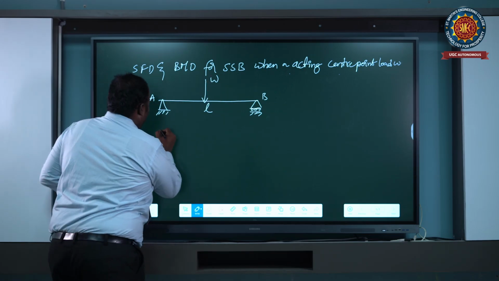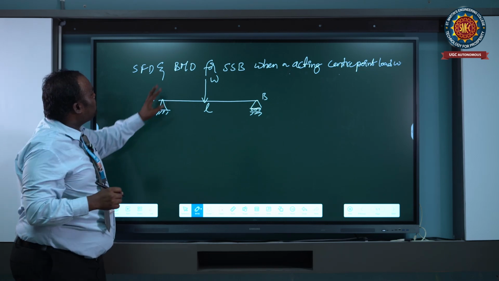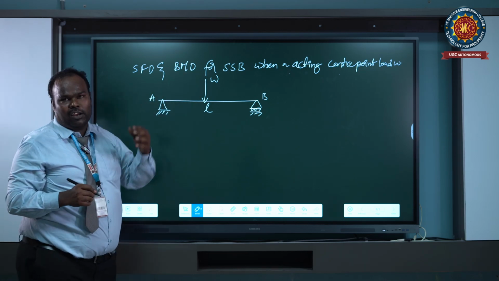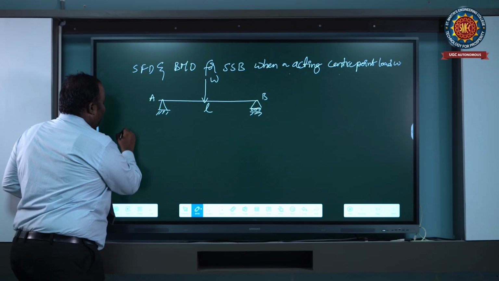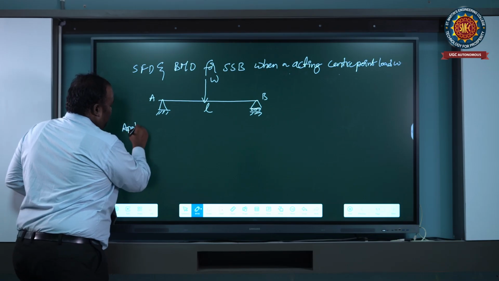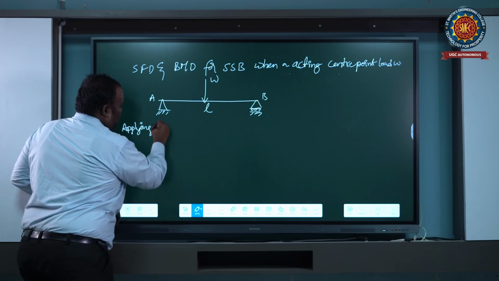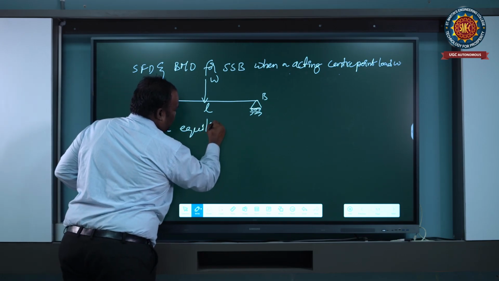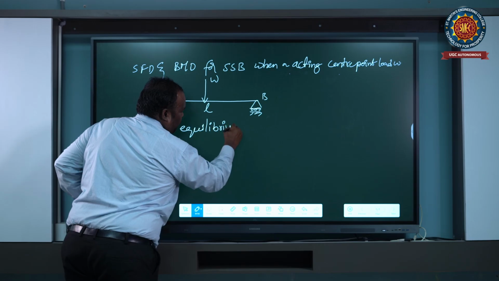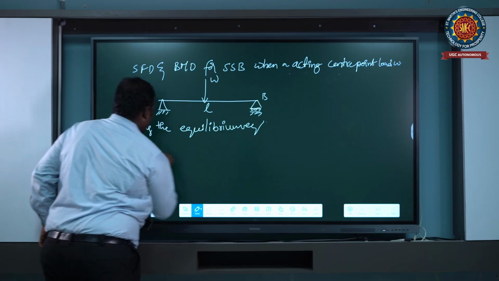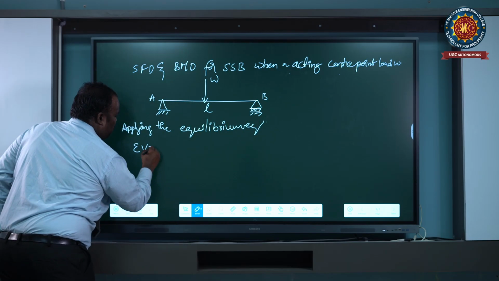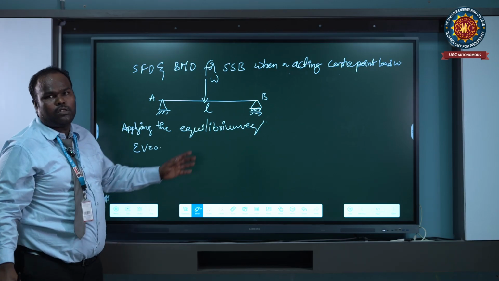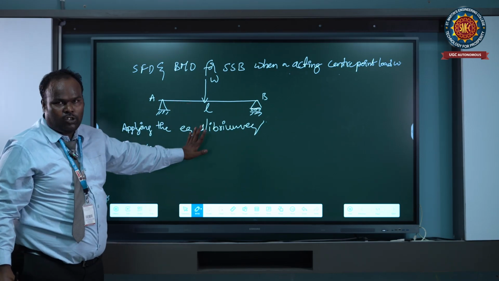Now for finding the shear force and bending moment, we can calculate in 3 steps. First one, applying the equilibrium equation. So sigma V equal to 0, it means all the vertical forces on the section is equal to 0.